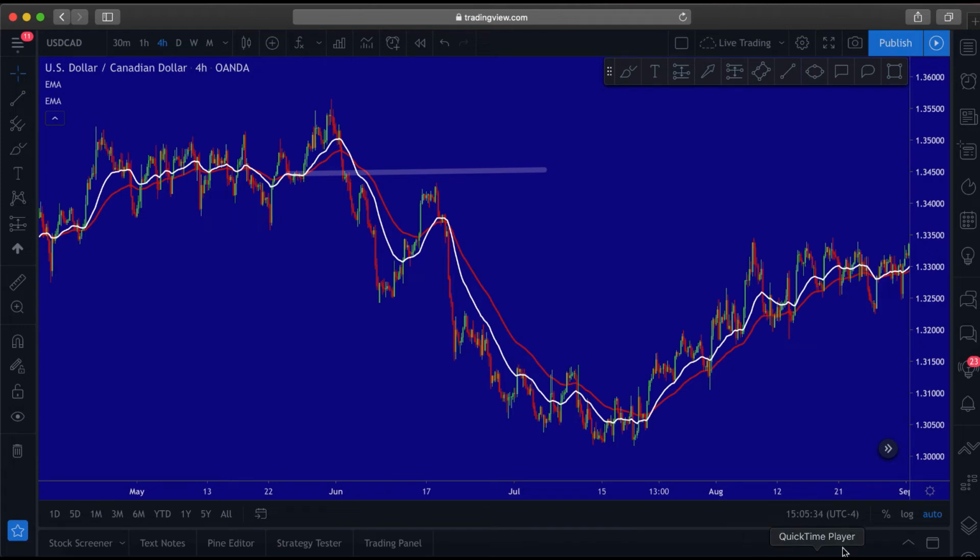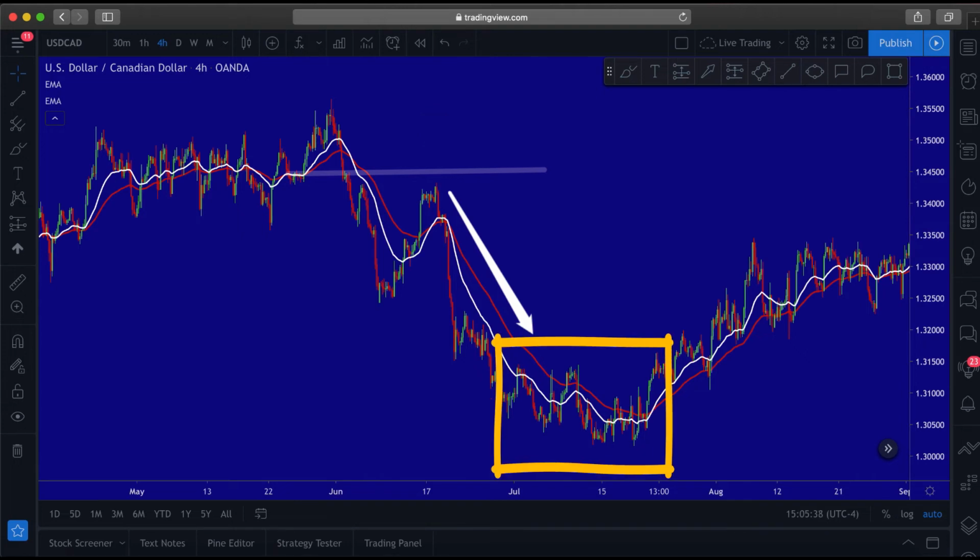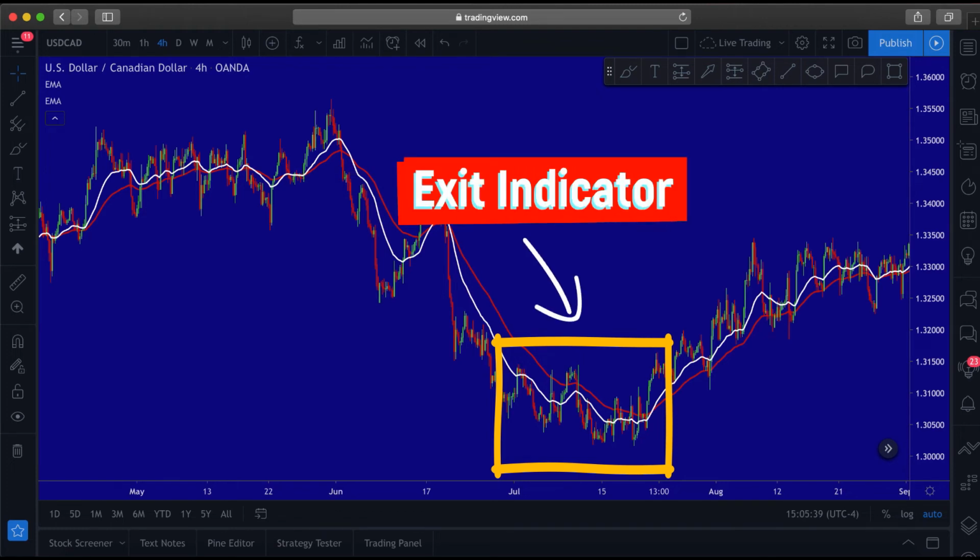So as price action came back to retest that level, we would have still been able to ride that trade. And once price action continued to fall to the downside and it started to range again to give us a market reset, we would allow this to serve as an exit indicator once price action broke above the 26 and 55 exponential moving average.